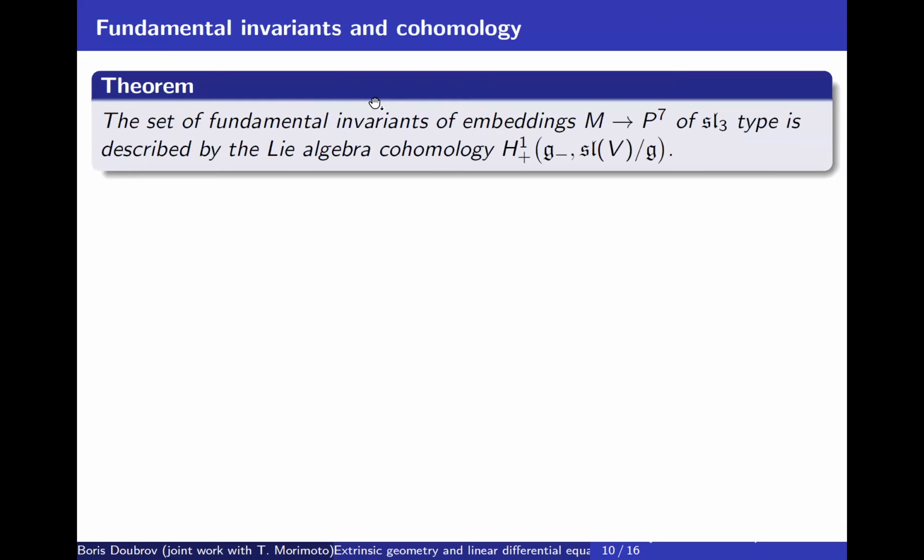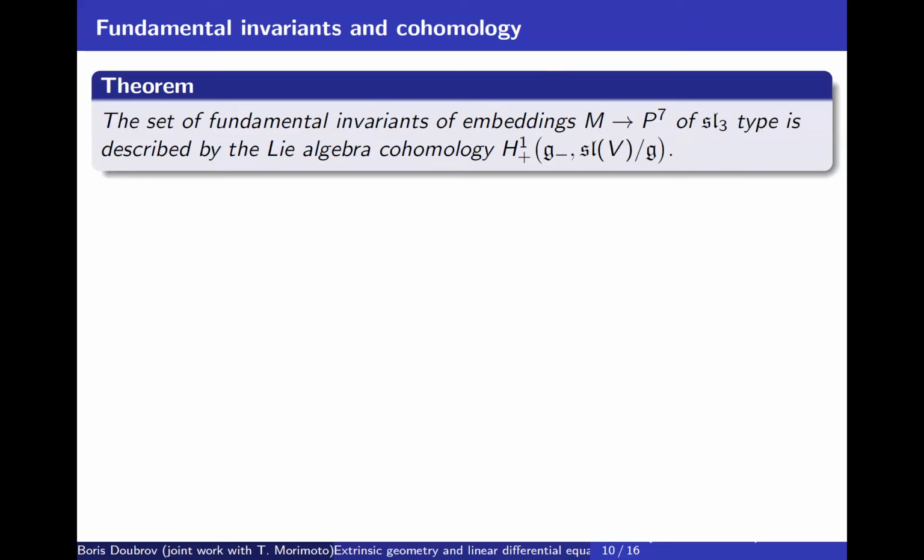There is also a nice application of this general theory: we know where to find what I call fundamental invariants. These are all local differential invariants of the embeddings. Fundamental invariants are the ones which control flatness, if you like.